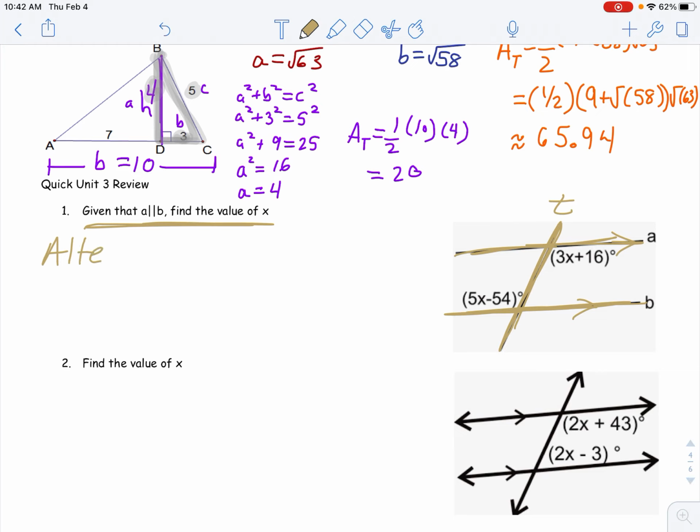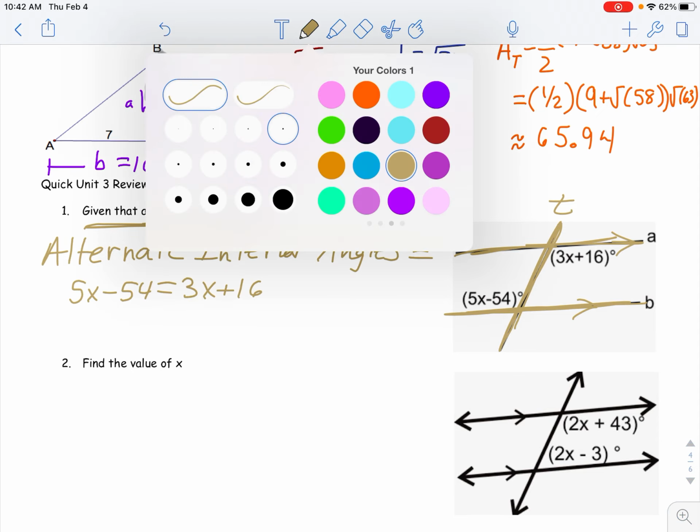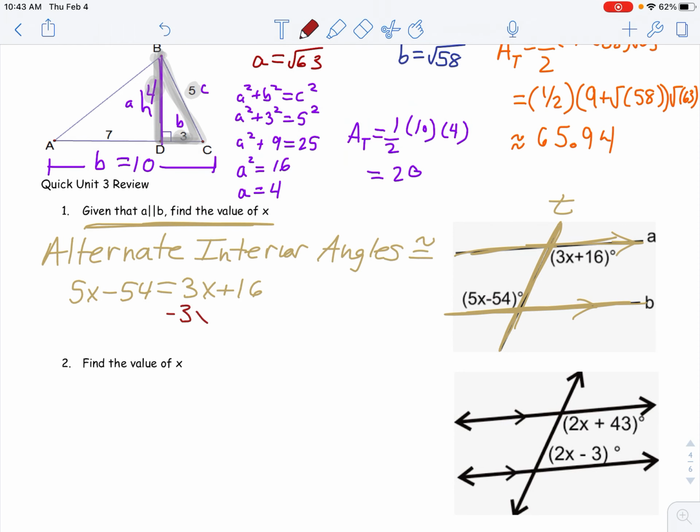We have alternate interior angles. Now, what's so great about alternate interior angles? They're congruent. So here, all we just say is 5x minus 54 equals 3x plus 16, and that's the setup. All right, if you can remember that, we're in good shape.